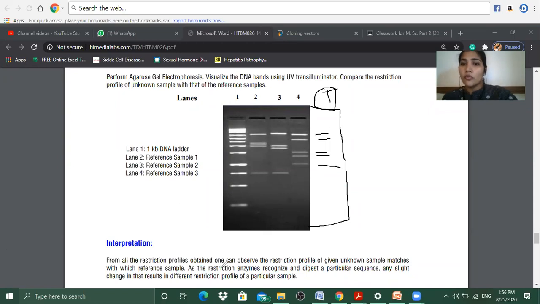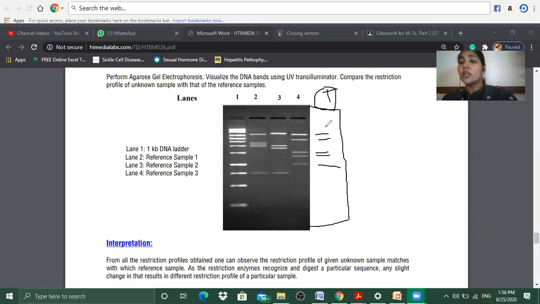Most of the time in our experiments, we can just look at the results under the UV illuminator, and we can tell which reference sample the DNA fingerprint of the test sample is matching. But the ideal way of matching this DNA fingerprinting profile is by determining the molecular weight of each DNA fragment that you have got.